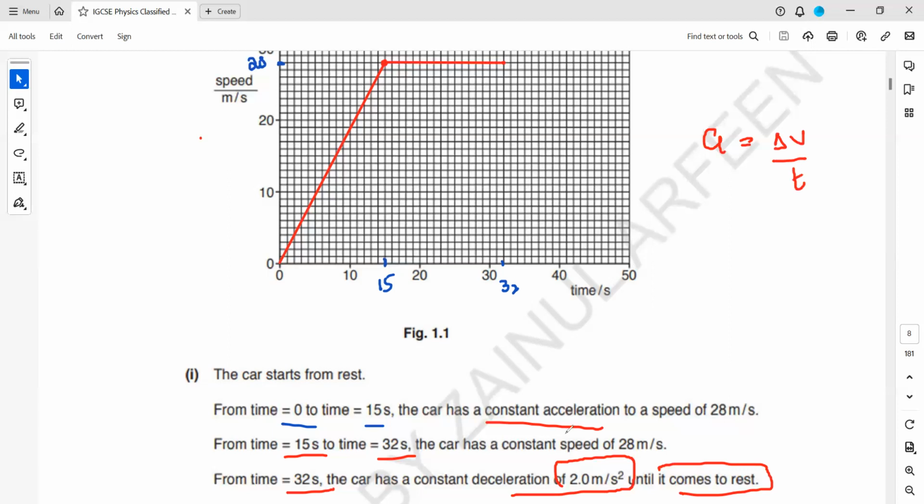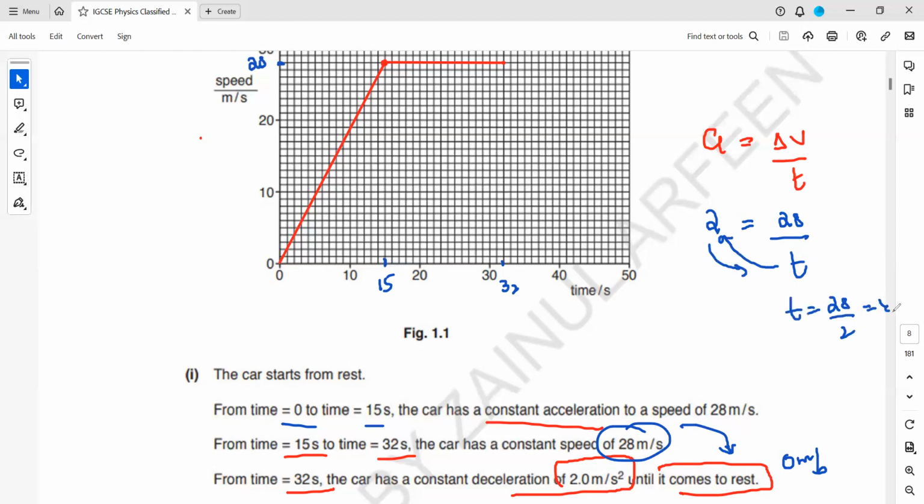How much is the deceleration? That's equal to 2. What is the change in the velocity? Originally, it has a speed of 28, and then it comes to rest, so the final is 0. The change is 28. Divided by time, we need the time, so we cross multiply. So the time will be equal to 28 divided by 2, that's equal to 14 seconds.